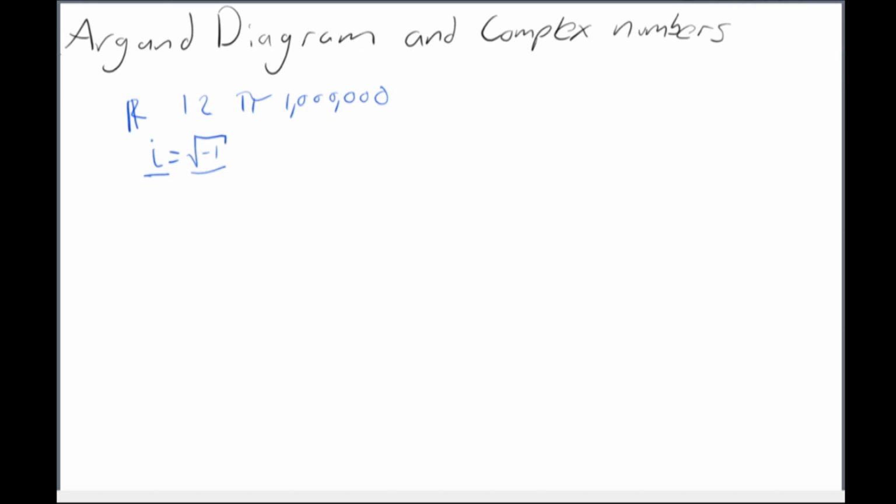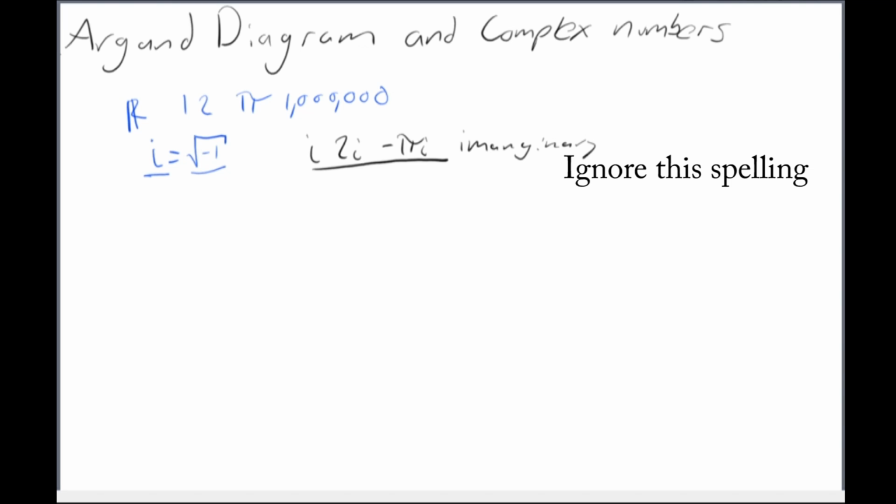So I have i, I've got 2i, I've got -pi i, and everything else I could possibly want. So this set of numbers, which is always going to have an i after it, these are imaginary. But if we combine a real number and an imaginary number, we get what's known as the complex numbers.